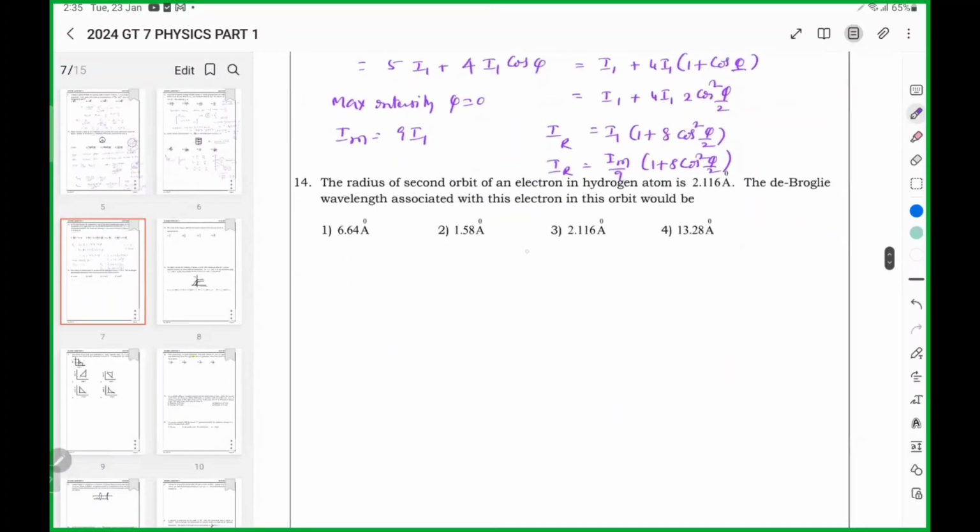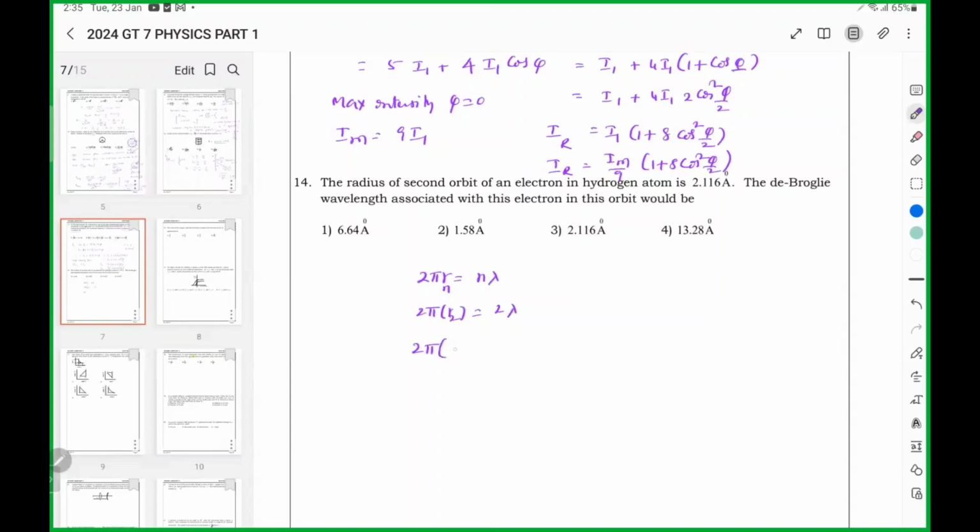So here, the radius of the second orbit, the de Broglie wavelength. So 2 pi r is n lambda. So the radius of the second orbit is given as r2, that is 2 lambda.